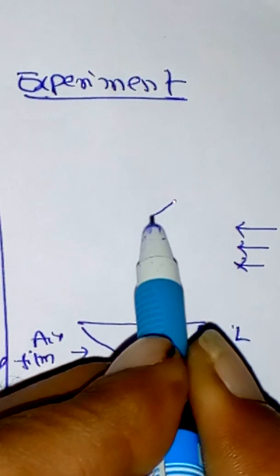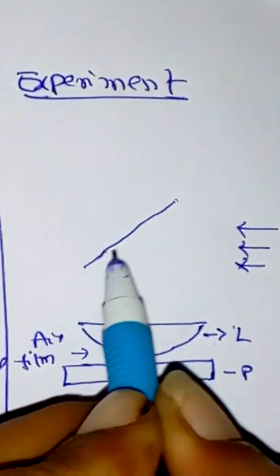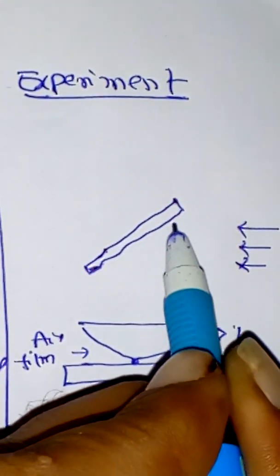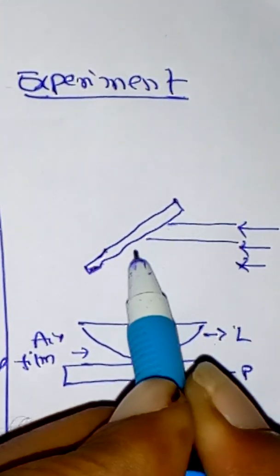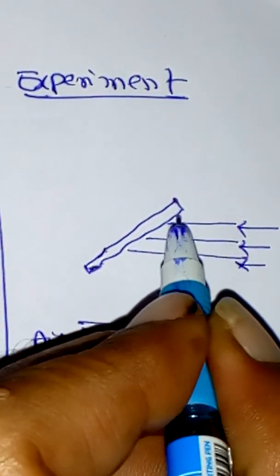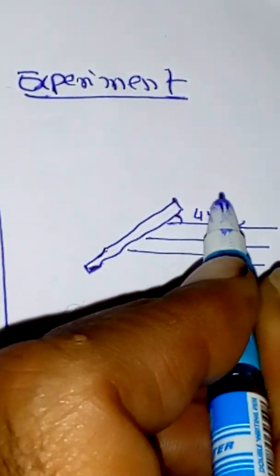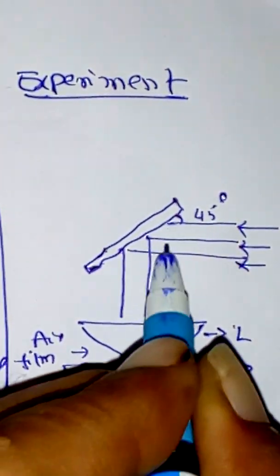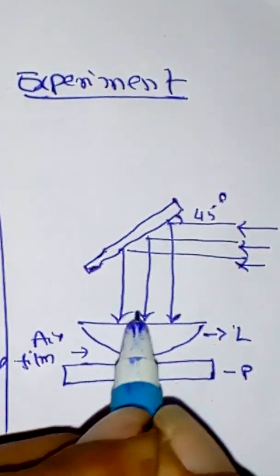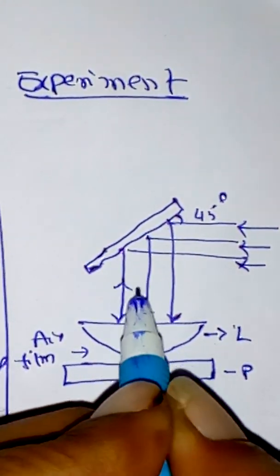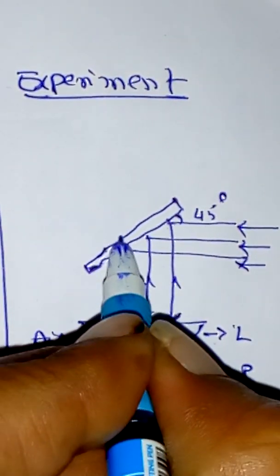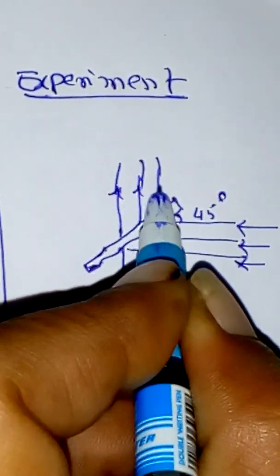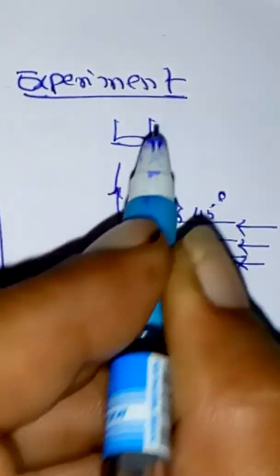So we kept another glass plate at 45 degrees. Now the rays are incident on this. This is the angle I told you as 45 degrees. So the rays will be coming down and they get reflected. The reflected image can be seen in the microscope set up above.